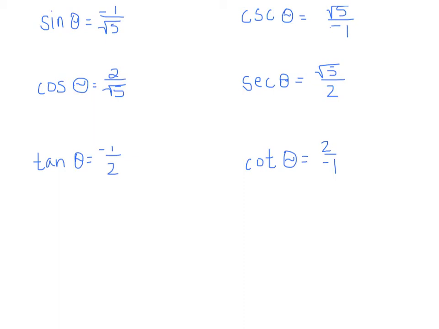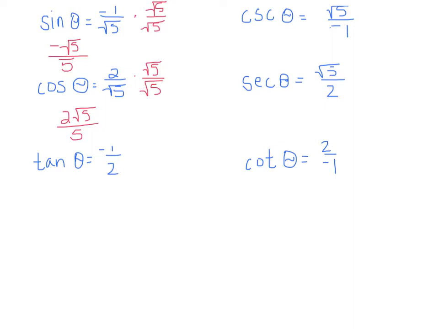So in the case of these, I will multiply by square root of 5 over square root of 5. What happens is that the numerator becomes negative square root of 5, the denominator becomes 5. I can do the same thing with cosine. Multiply numerator and denominator by the same value. My numerator becomes 2 square root of 5 over 5.